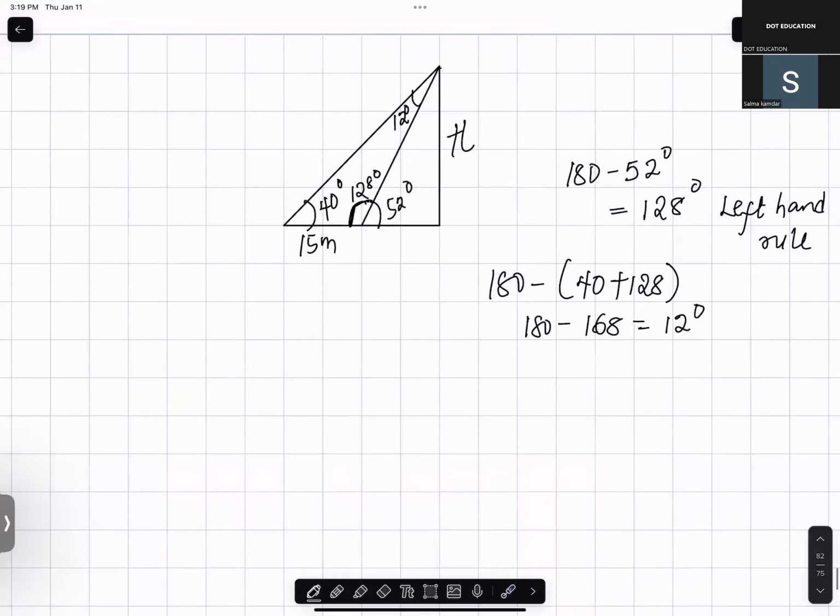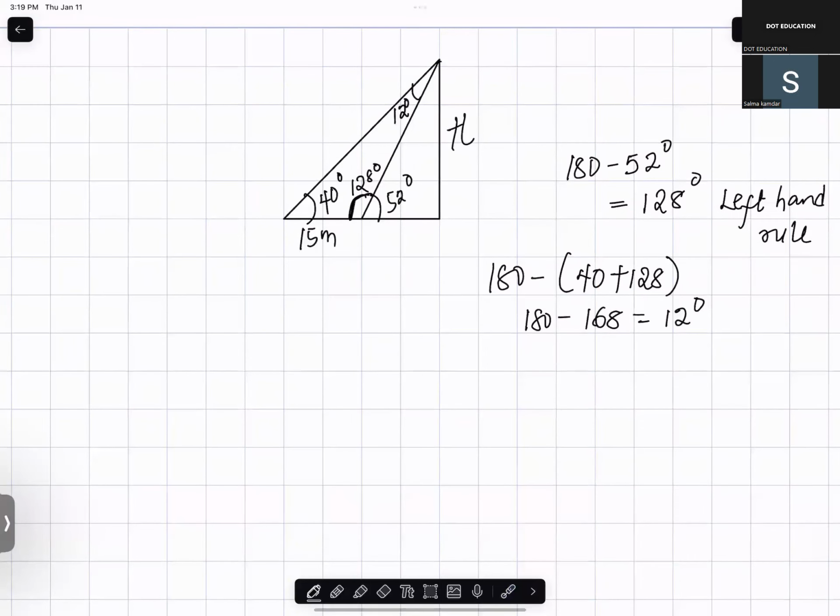And now here we can apply our sine rule to this. So looking at this, I have the matching opposite of 15 is 12. Then we can look for the side of 128, I'll mark it as my x.